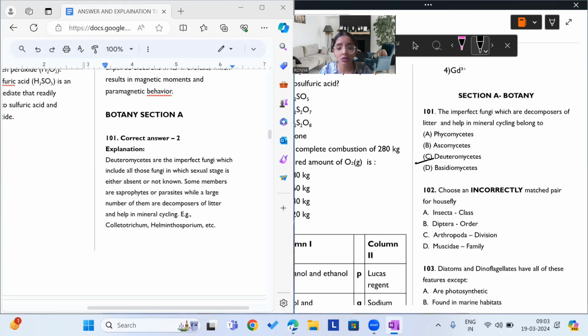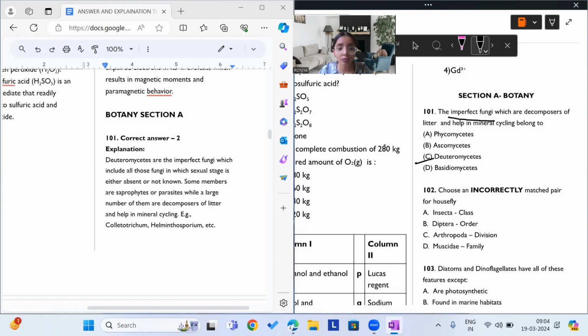Which of these? So see, as we all know that out of Ascomycetes, Phycomycetes, Basidiomycetes, Deuteromycetes are known as imperfect fungi. Okay, so when we read the word imperfect fungi, it is very clear to us that they are talking about Deuteromycetes.